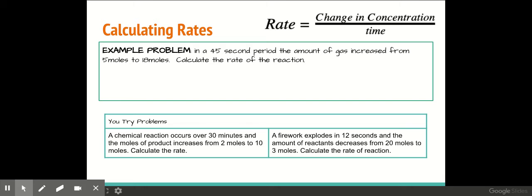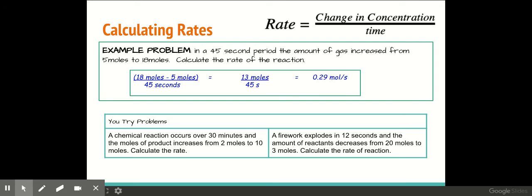When I set that up, it looks sort of like this. 18 moles minus the 5 moles is equal to 13 moles. I'm going to divide that by the 45 seconds, and I will get a rate of 0.29 moles per second.